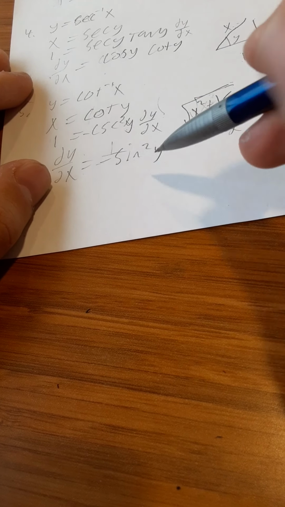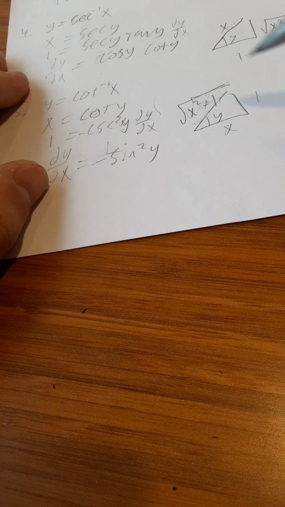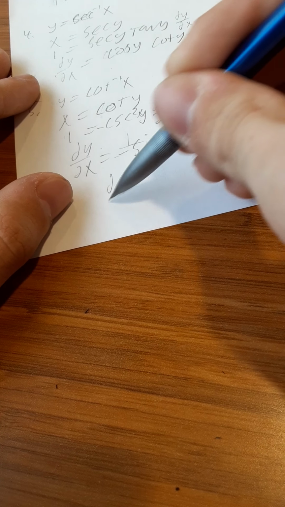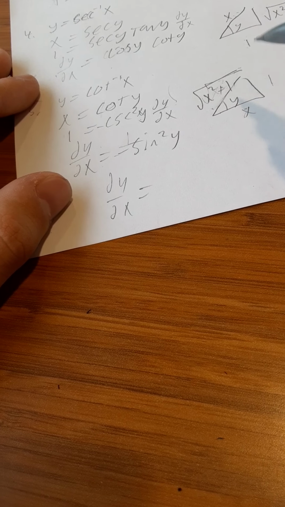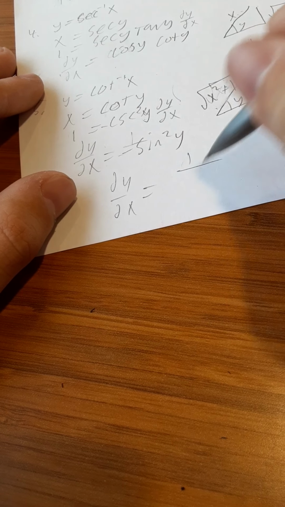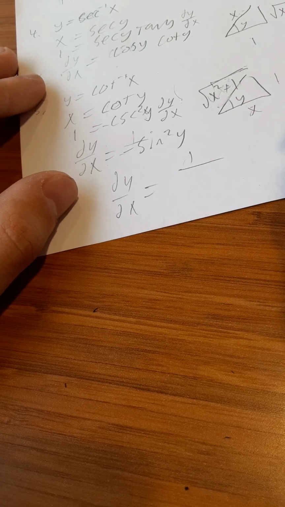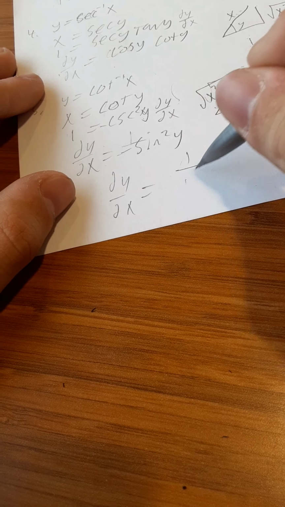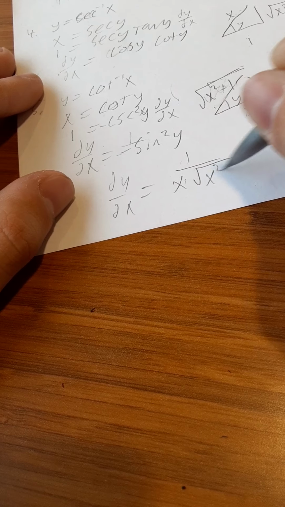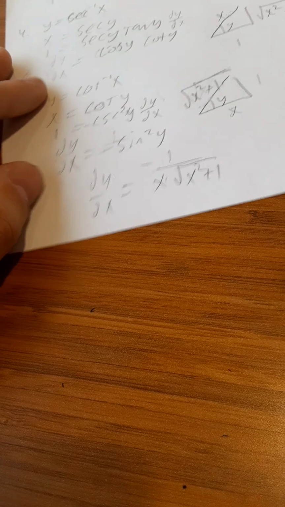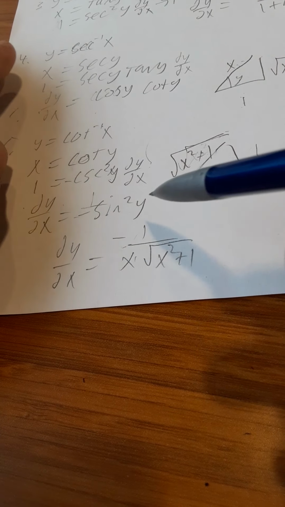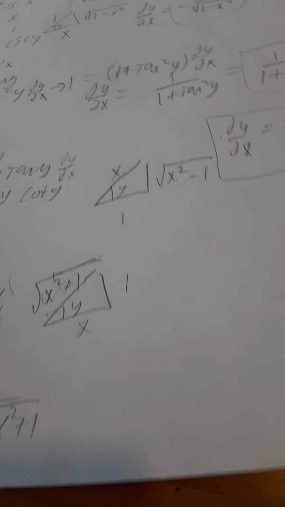So now we can evaluate this. Sine would be this over this. So dy/dx equals negative 1 over x squared plus 1. That does not seem right, but you can fact check me on this one. And yeah, that's basically it for derivatives of inverse trig functions.